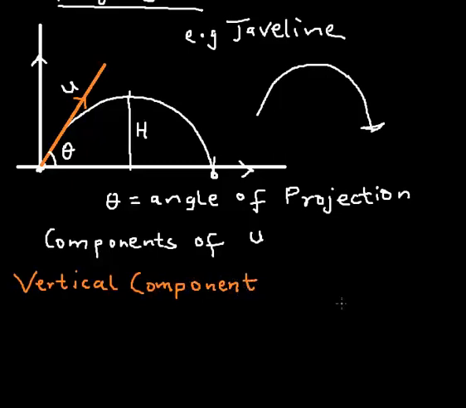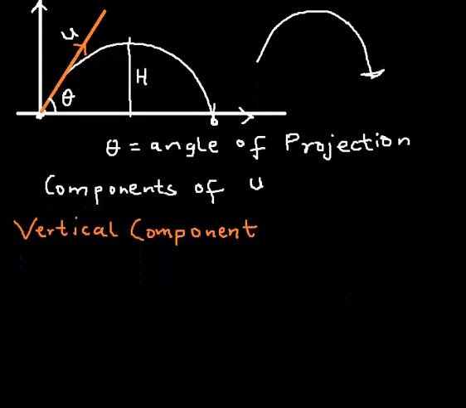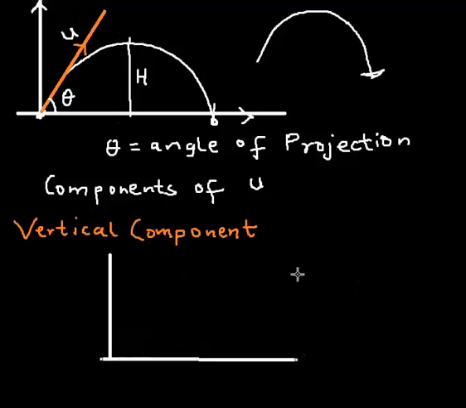How will I be able to get the vertical component of u? Now I'm going to redraw my diagram of the projectile. Remember, this is the vertical axis, this is the horizontal axis, and then of course my u is in between, inclined at an angle of theta.